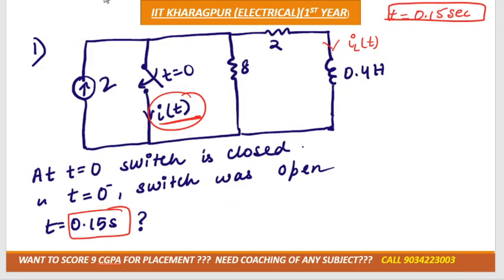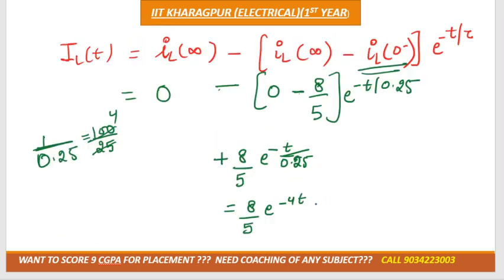Now in the question they said that we have to calculate for t equal to 0.15 second. So we need to put the value of t over here, that is 0.15 second. So 8 by 5 into e raised to power minus 4 into 0.15. Now you can solve it further, then you will get a particular value. Understood?